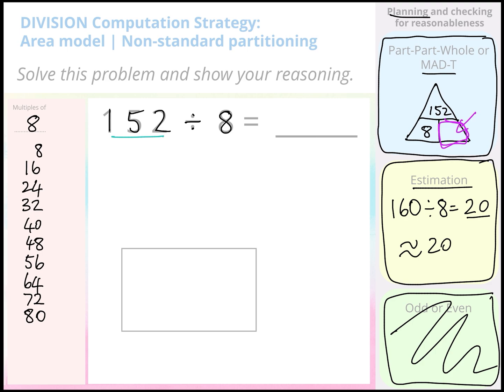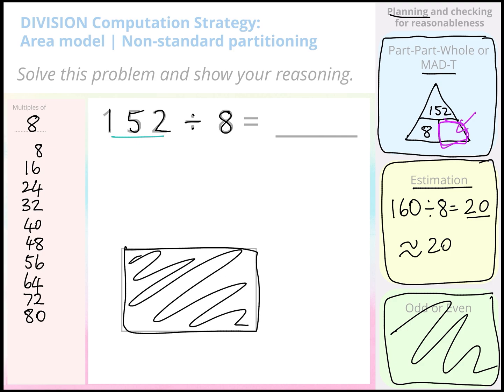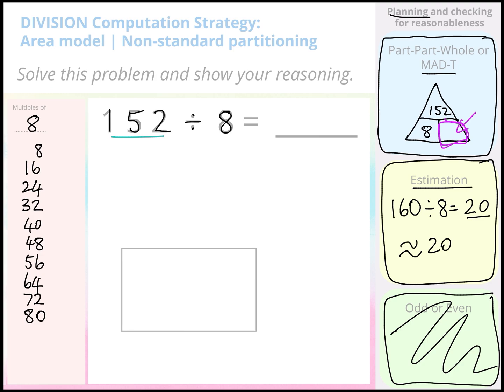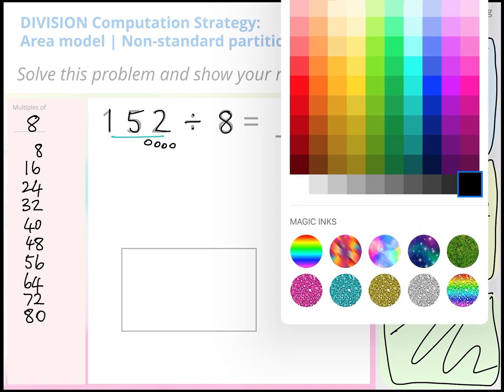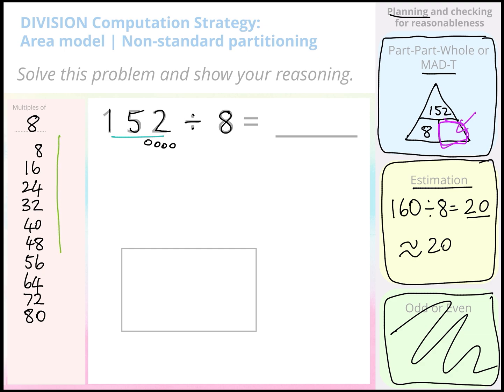Now, for the area model, we remember that this whole rectangle here represents 152. But because 152 divided by 8 is not a regular number fact, we need to break 152 into friendly parts. This is where it can be kind of interesting, because when I look down at my multiples of 8 here, I could choose 32 and another number to make 152, or I could choose 72 and another number to make 152.